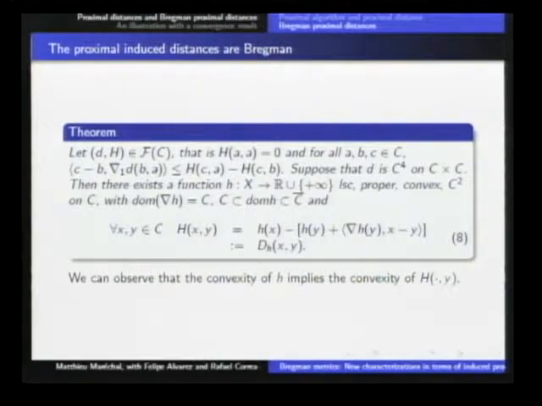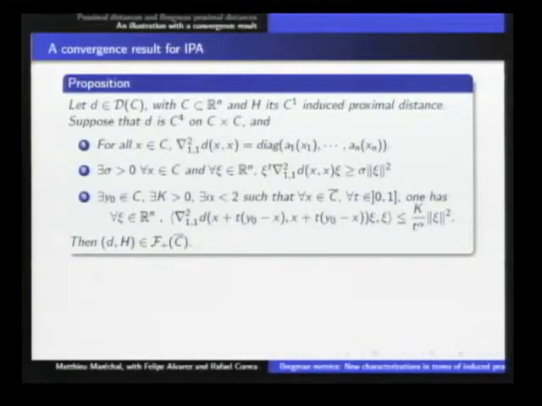After this, I will give an illustration of an application of the fact that capital H is a Bregman proximal distance, with a result to obtain a property about H just from some assumption about D, the initial proximal distance.